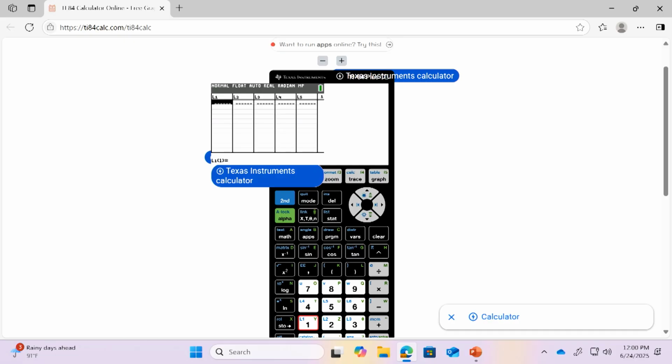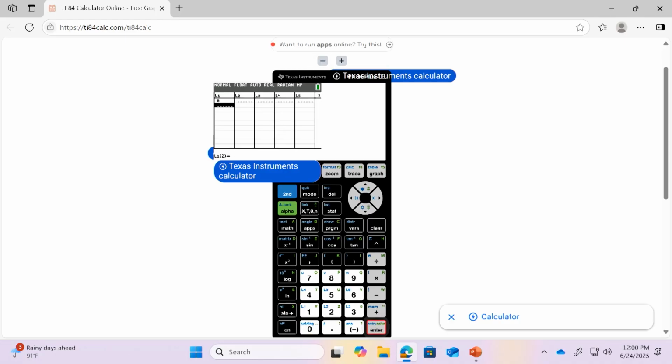So let's go ahead and put that first table in. So I have 0, 1, 2, 3, and 4. Now I'm going to scroll right and put my y values in. 7, 13, 19, 25, and 31. So I've got both my x and y values in.